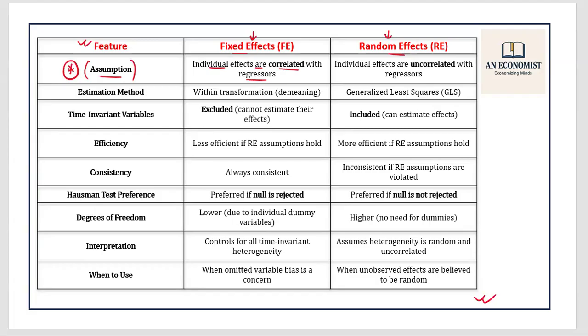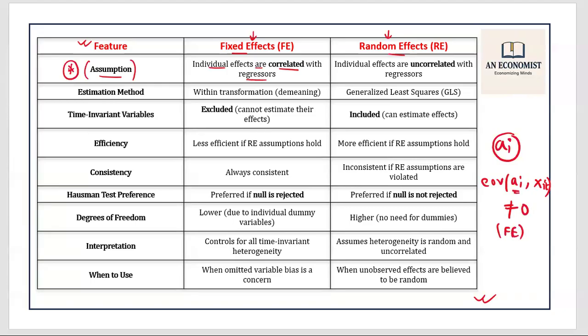Suppose you call that a_i, the unobserved time invariant heterogeneity. In fixed effect model, what we assume is that this unobserved heterogeneity becomes correlated with the explanatory variables, or the regressors of your model. This is the case of fixed effect.